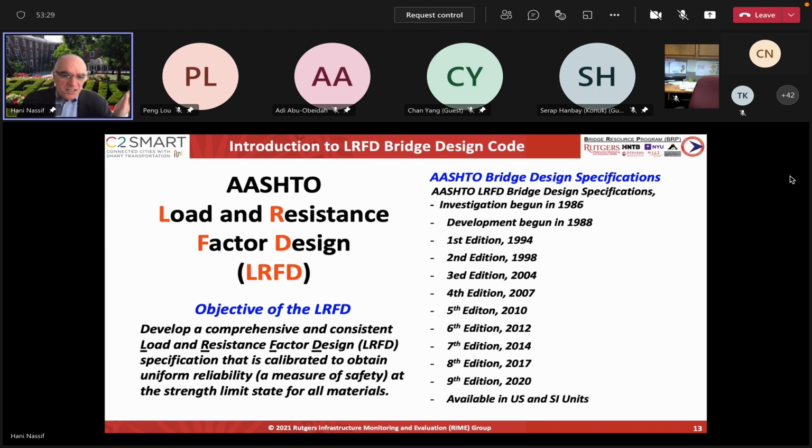The modified compression field theory is a little bit more complicated than the simplistic approach of VC and VS. That's empirical. This is rational. However, the ACI still sticks to the simplicity, and it's a little bit more conservative. However, in bridge engineering, we moved to the modified compression field theory.